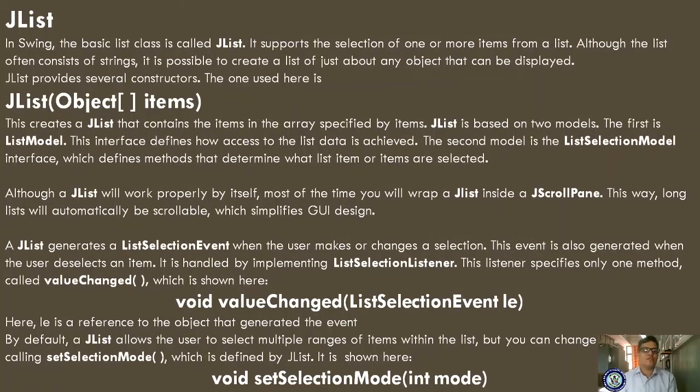Although a JList will work properly by itself, most of the time you will wrap a JList inside a JScrollPane. Why do we have to use JScrollPane? Scroll pane means scroll bars. Without it, whenever the number of items in your control increases, we have to navigate that area, so we must use scroll bars, right?